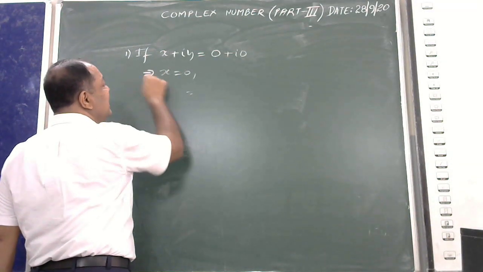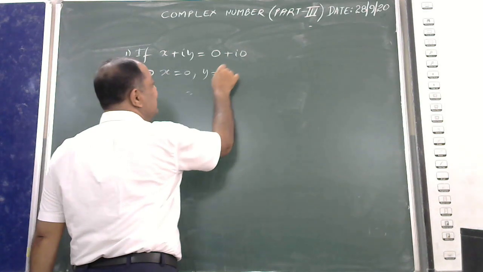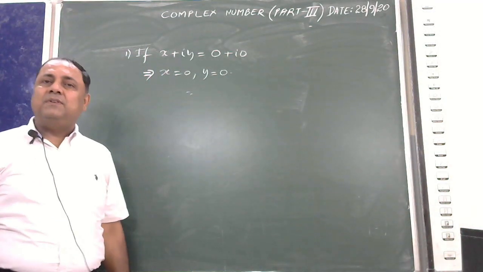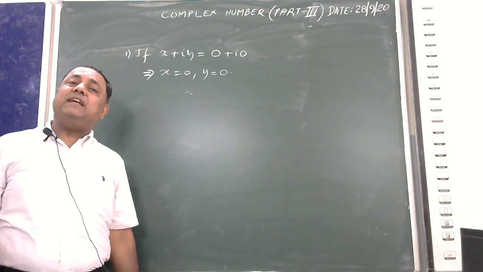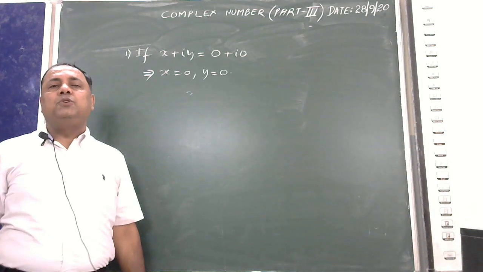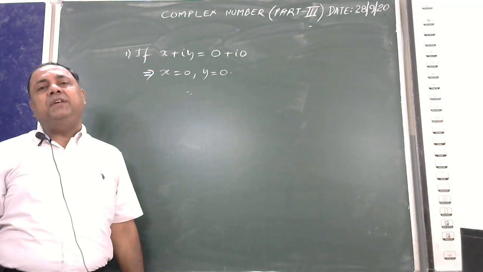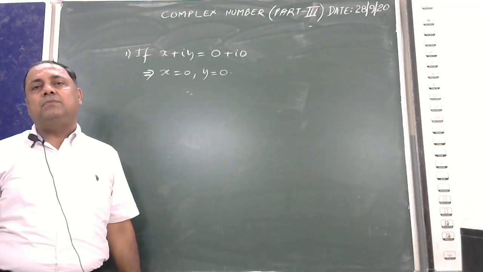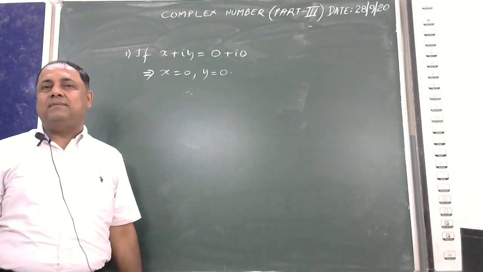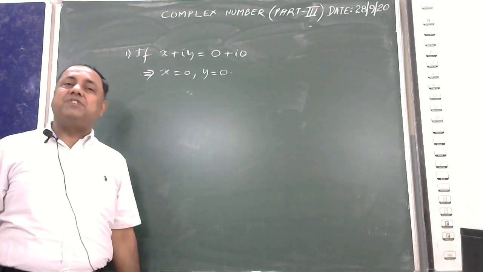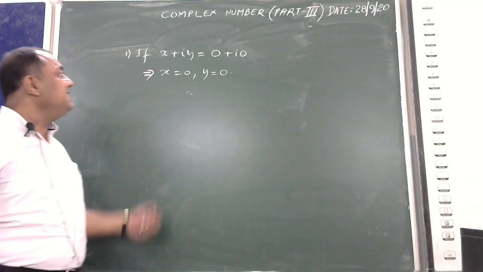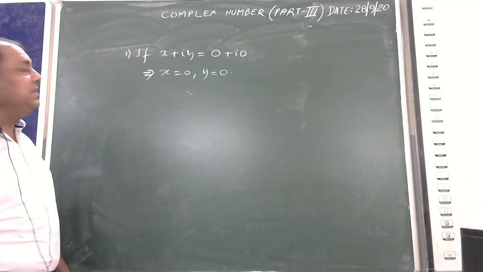This implies x is 0 as well as y is also 0. So if I equate any complex number to 0, it means x and y are both equal to 0. You have to keep that in mind. That means 0 in complex numbers does exist, and it is in this particular form.